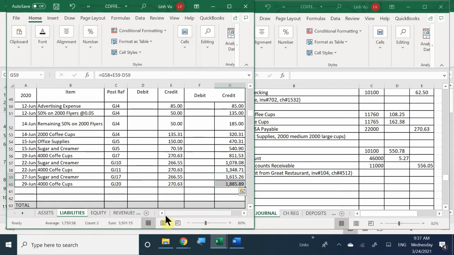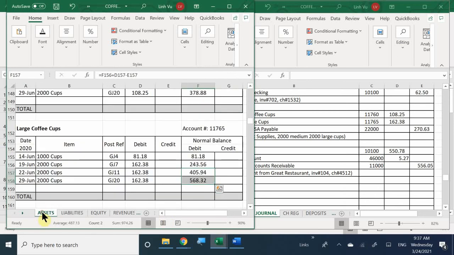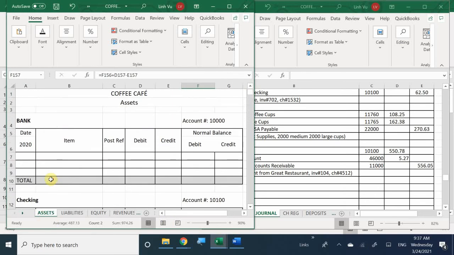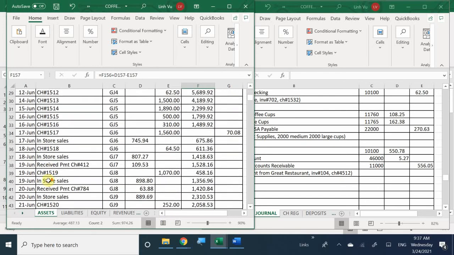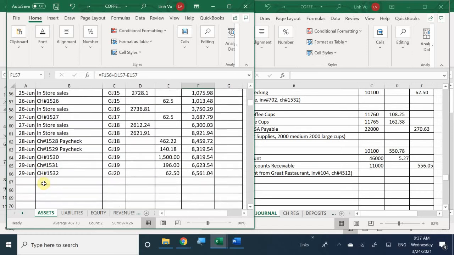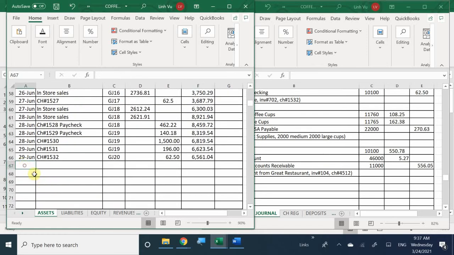Okay. So first thing that we recognized was checking. Right. 4512.